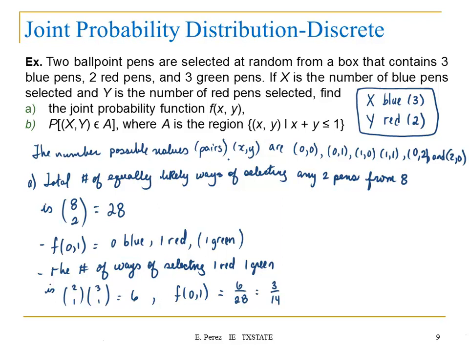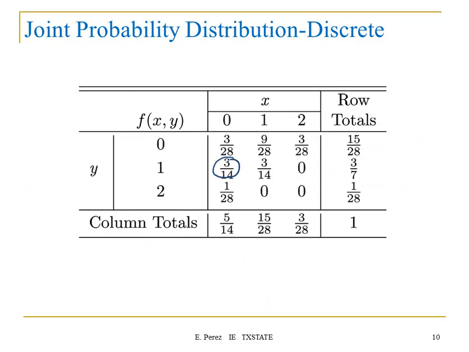Okay? That's what that means. And 2 and 2 means that you have 0 probability of getting 2 and 2, which makes sense because you're only taking 2. So that's basically how you get the probability for each outcome of the joint probability distribution.